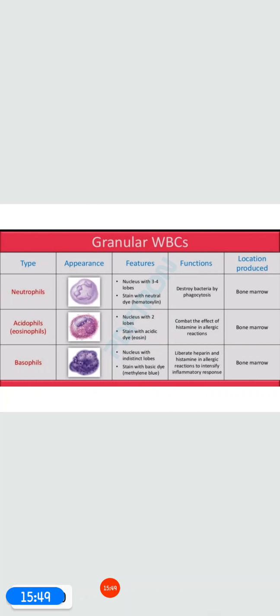Now I come to the description of granular WBC.